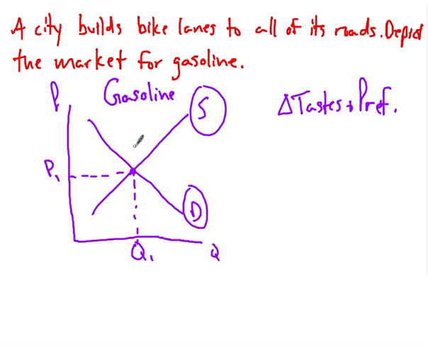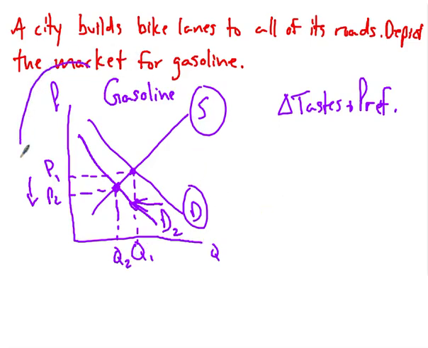So we'll say it's a change in people's tastes and preferences. Since more people are riding bikes and fewer people are driving cars, we don't need as much gas. So that would shift the demand curve to the left, and our price would be lower, and the amount of gasoline we buy would be lower.